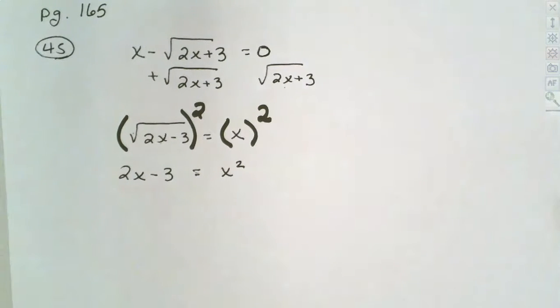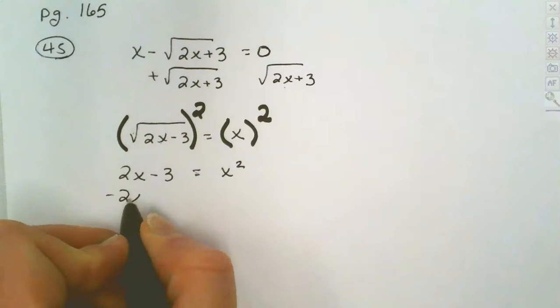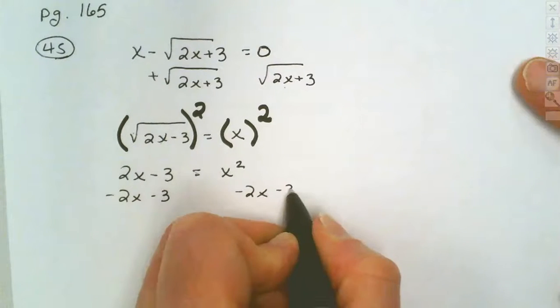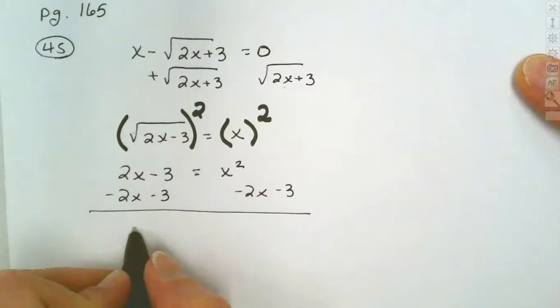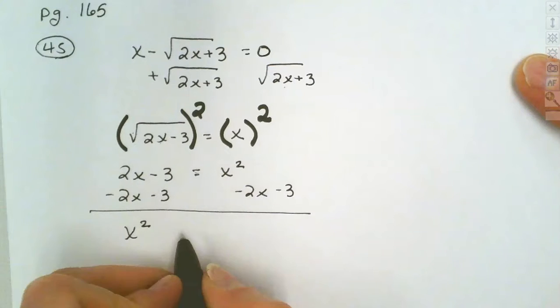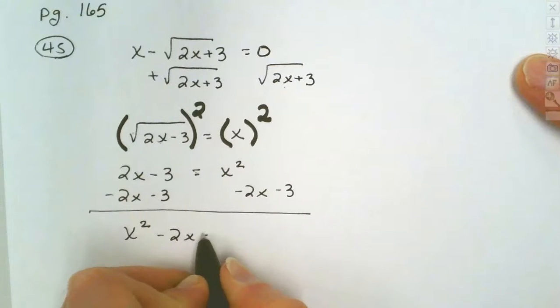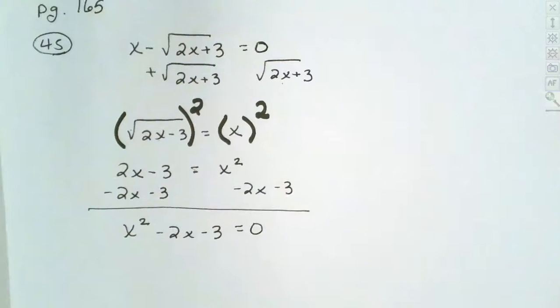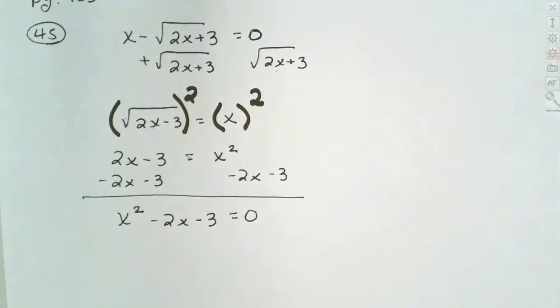We need to finish it. So what do we do? We set it to 0 now. So move that 2x minus 3 over. And that leaves me then with x squared minus 2x minus 3 equals 0. These should factor out nicely, and it does.